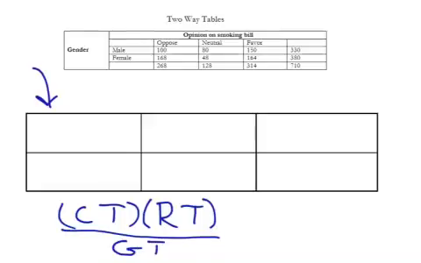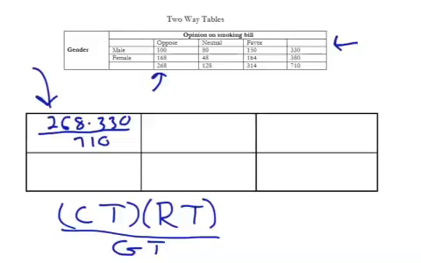So for this first cell, we're going to take 268, and we're going to multiply. There's your column total. Over here, we have our row totals. So we'll take 330, and then we'll divide all that by 710.